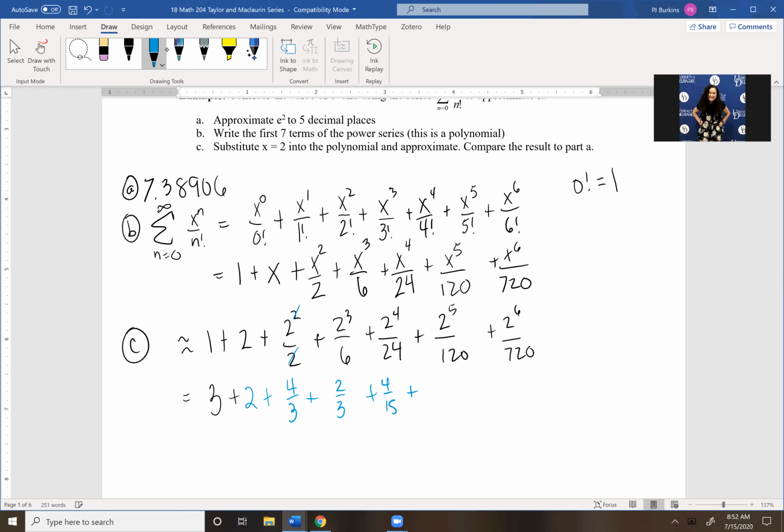I got 7.35 repeating, like the 5 is repeating, but I also did it a little quickly, so there might be some error there. Can you say that again? Sorry. 7.3 and then 5 repeating, just a bunch of 5s. Yeah. Okay.